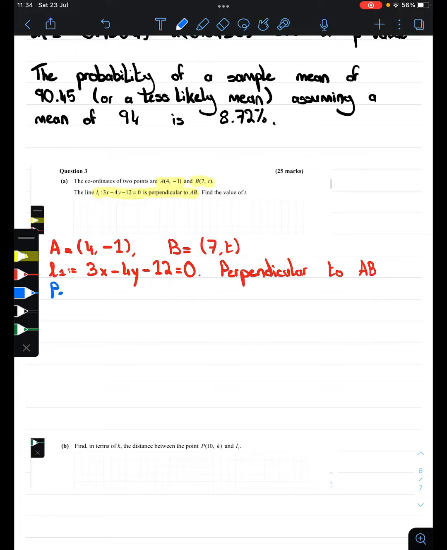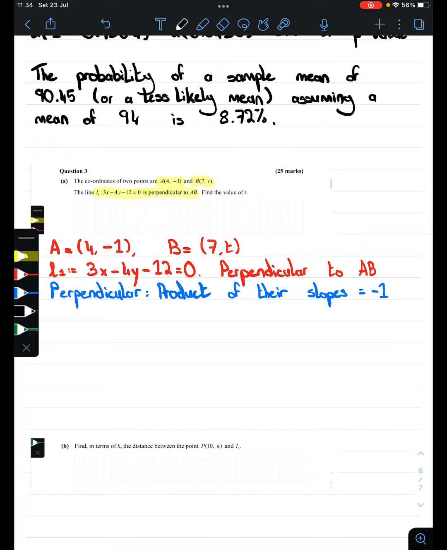Well, if two lines are perpendicular, then the product of their slopes is minus 1. Okay, well, what's the slope of AB?